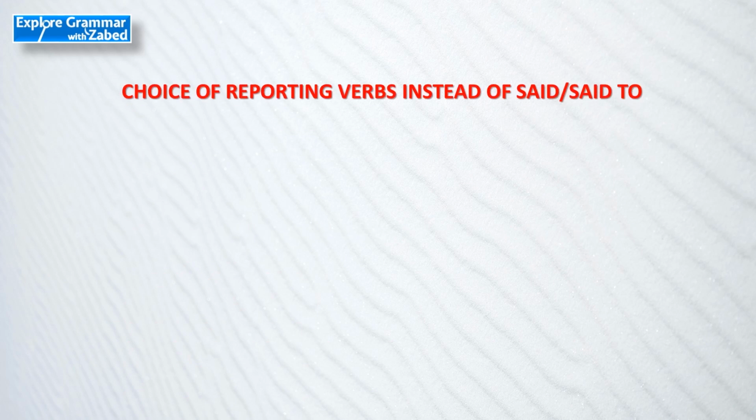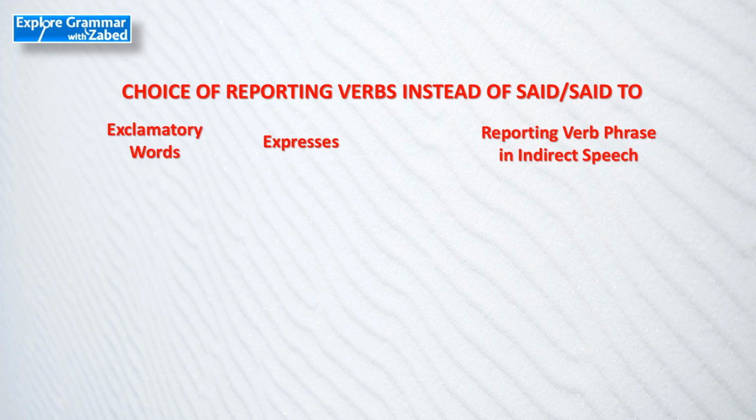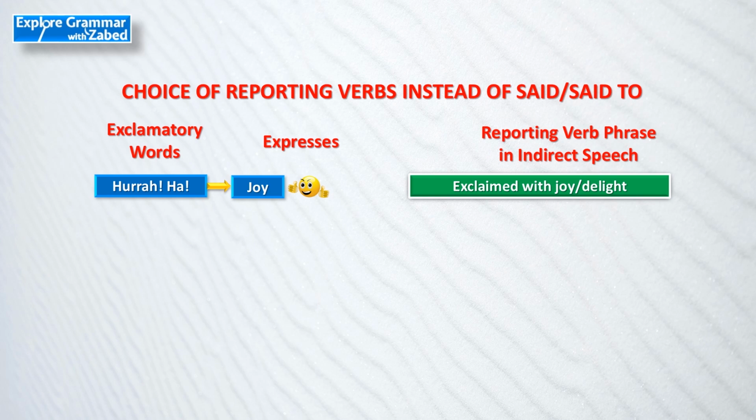If an exclamatory sentence starts with exclamatory words only, we need to check that word, and as per the feelings of the word, we replace said or said to in the indirect speech. If the words in reported speech are hooray, ha, then said or said to gets converted to exclaimed with joy or delight.